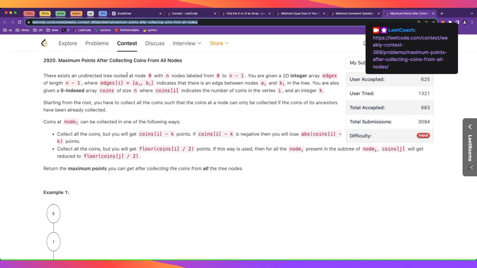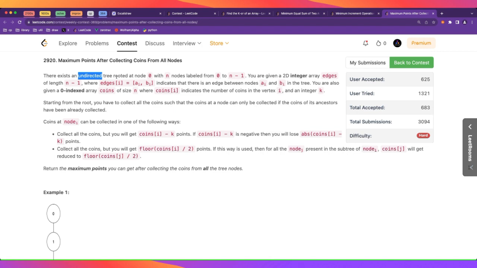Maximum points after collecting coins from all nodes. So yes, we are given an undirected tree, rooted at node 0, with n nodes, and then we get the edges in the standard way, and then we are given an array called coins of size n, which indicates the number of coins in vertex i.